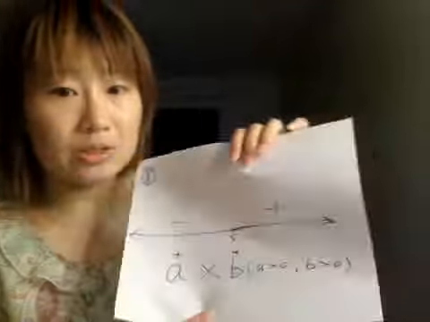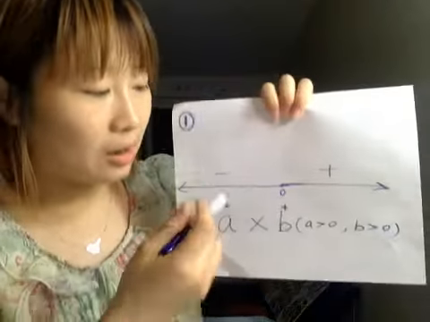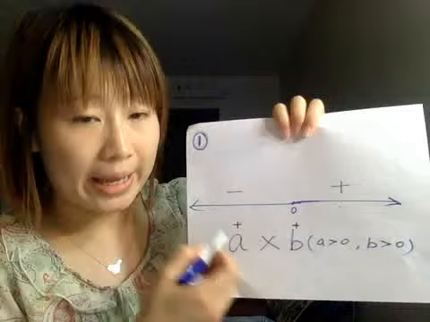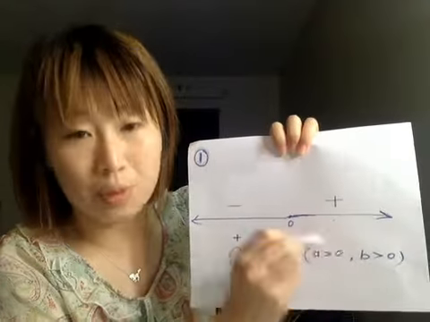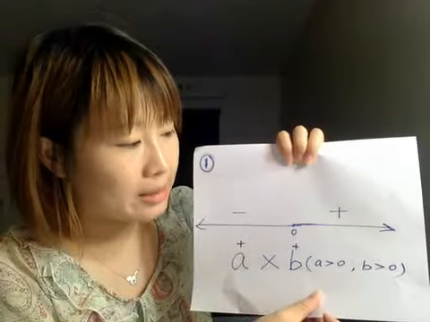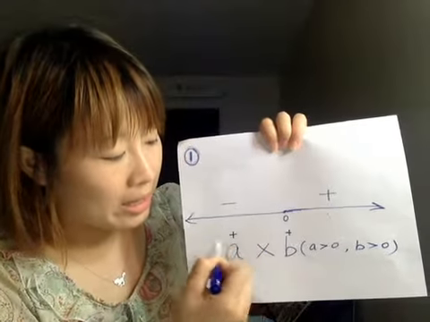The first case is, for example, a times b, where a and b are both positive numbers.